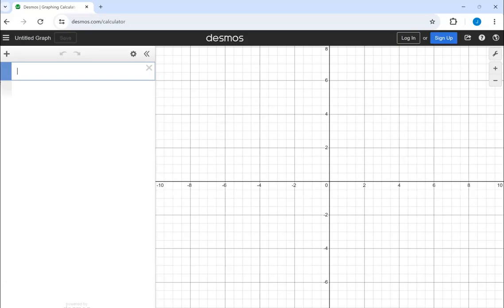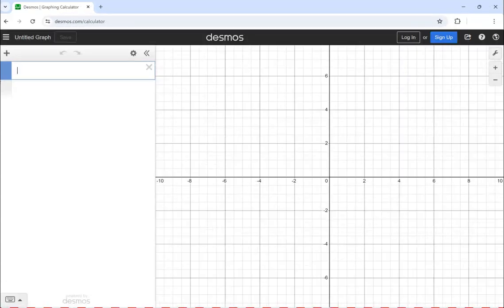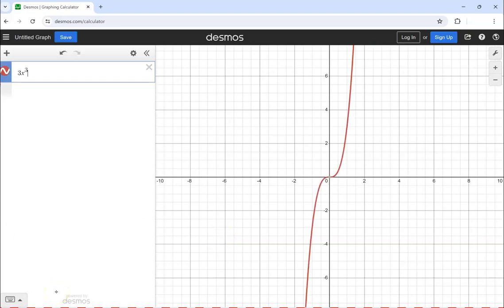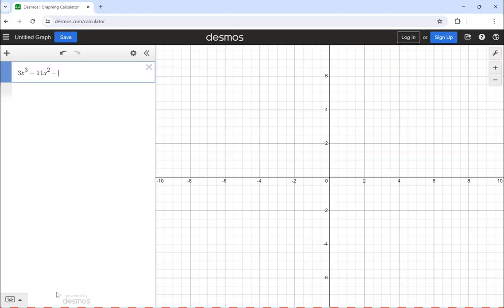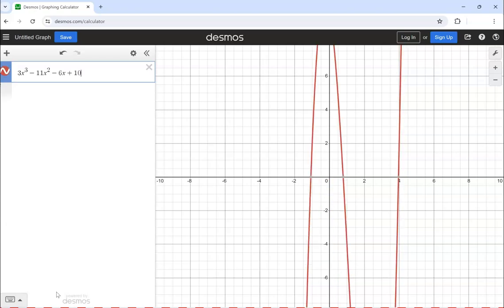Nice little thing. Okay. So let's type this in. If I can get a keyboard to pop up or not. I'll just attach my keyboard back on then. All right. So 3x cubed minus 11x squared minus 6x plus 10.